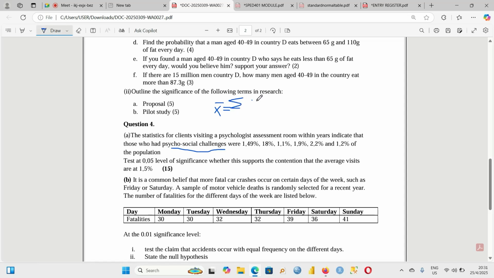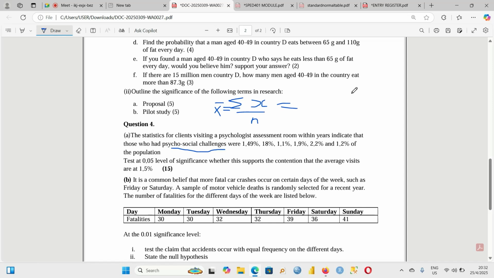So it's the sum over n. I'm adding 1.49 plus 18 plus 1.1 plus 1.9 plus 2.2 plus 1.2.